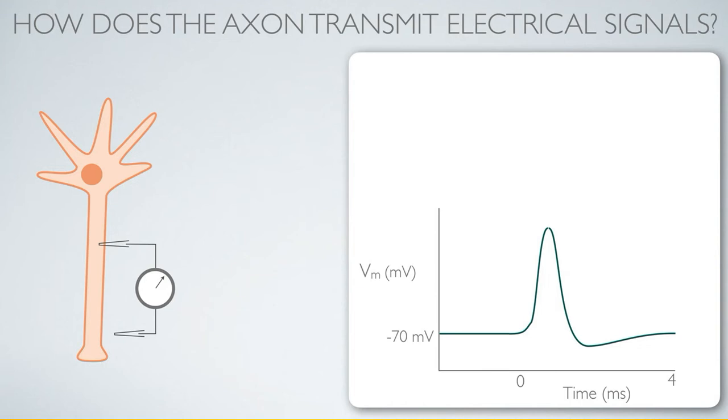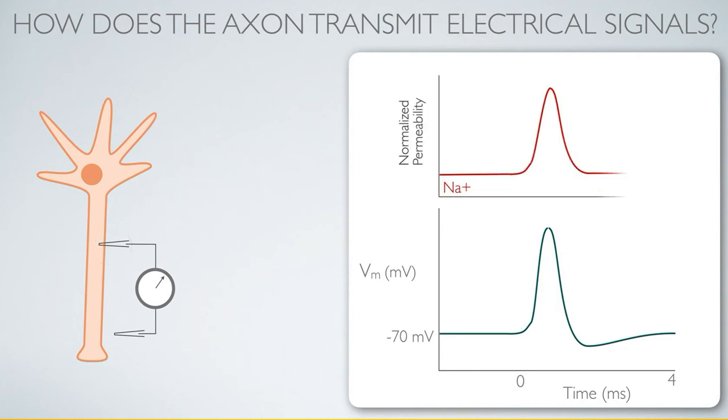And that's in fact what we see if we monitor the permeability to sodium in our axon. Correlated with these changes in membrane potential are rapid changes in permeability.